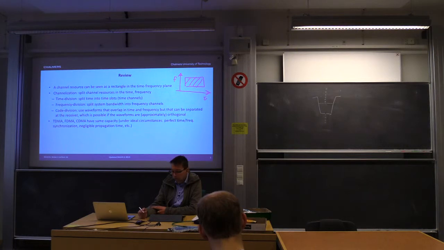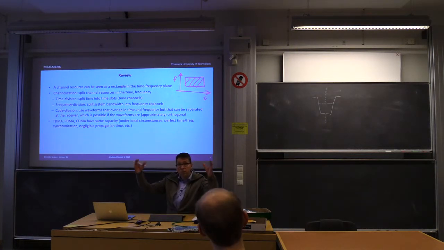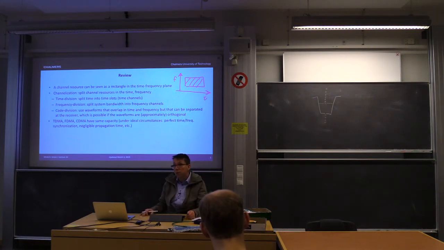So what we want to do then is to squeeze in signals that are confined in time and frequency to this space. And this can be done if it's only for one user. It's easy, we just use the whole bandwidth the whole time.